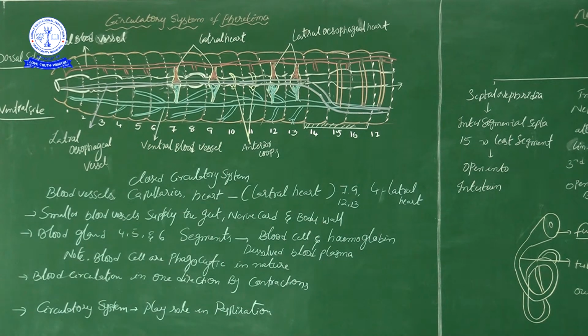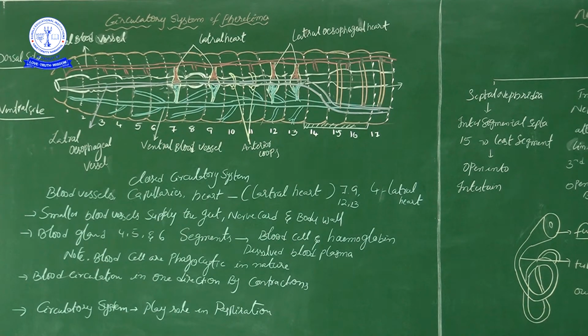So without blood flowing in the body cavity, only within the blood vessels, such a blood circulatory system we call a closed circulatory system. Okay, so initially the earthworm exhibits this advanced character.